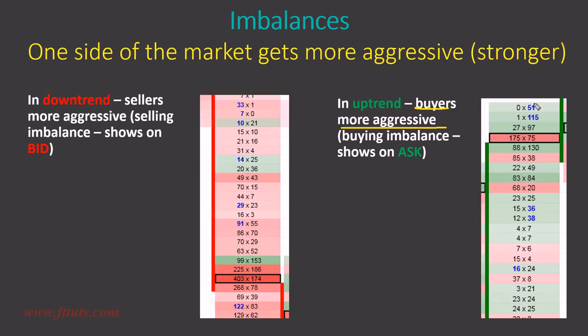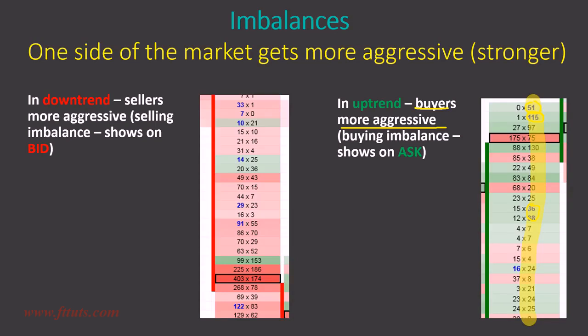Now, buying imbalance is also marked in blue color. You can see it in here, and it is marked on the ask side of the footprint on the right side in here. All right.